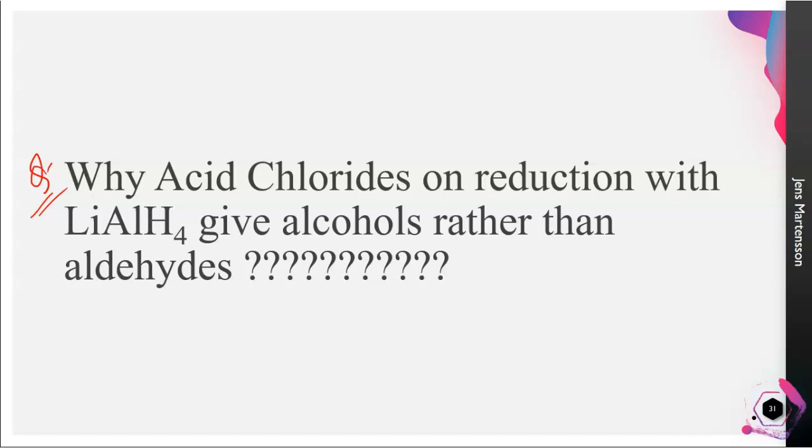We have discussed in the chemical properties section that in the case of your acid chloride converting to aldehyde, if you are seeing the reaction where Rosenmund reduction is the case, your acid chloride will get reduced to aldehyde only. But if the case is otherwise, when it is reacting with LiAlH4, it is not going to stop at the aldehyde stage. It is going to give you alcohol like this.